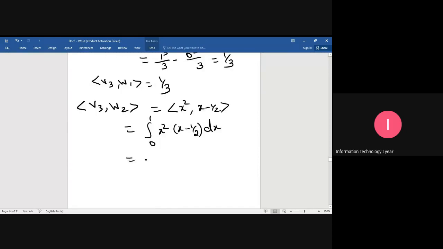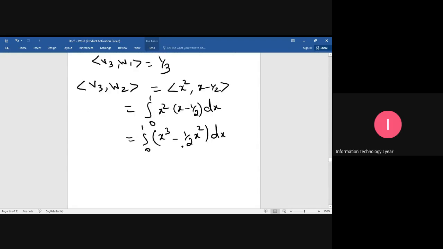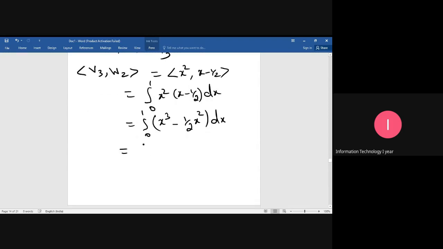Before taking the integration, multiply it. x square into x gives x power 3 minus 1 by 2 x square into dx. The integral of x power 3 is x power 4 by 4, minus 1 by 2 times the integral of x square, which is x power 3 divided by 3, with limit 0 to 1.